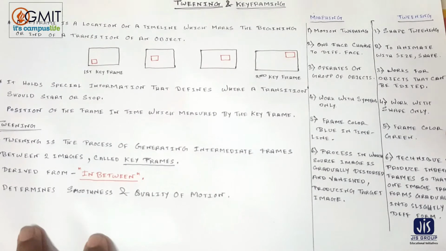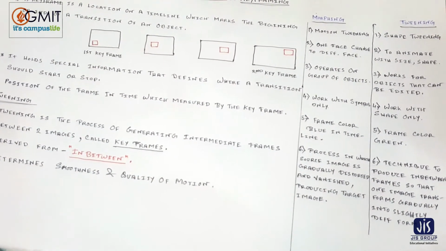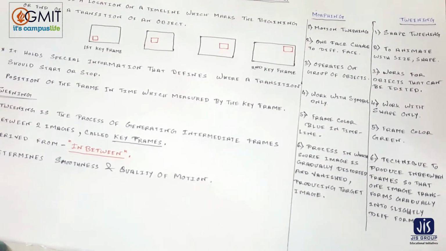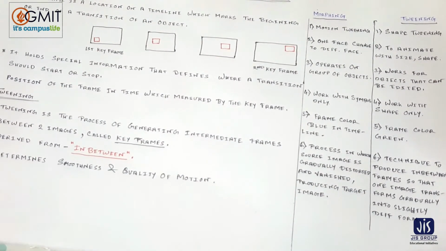Because we are now discussing the difference between morphing and twinning. Difference between morphing and twinning, very important question. First point, morphing is called motion twinning.